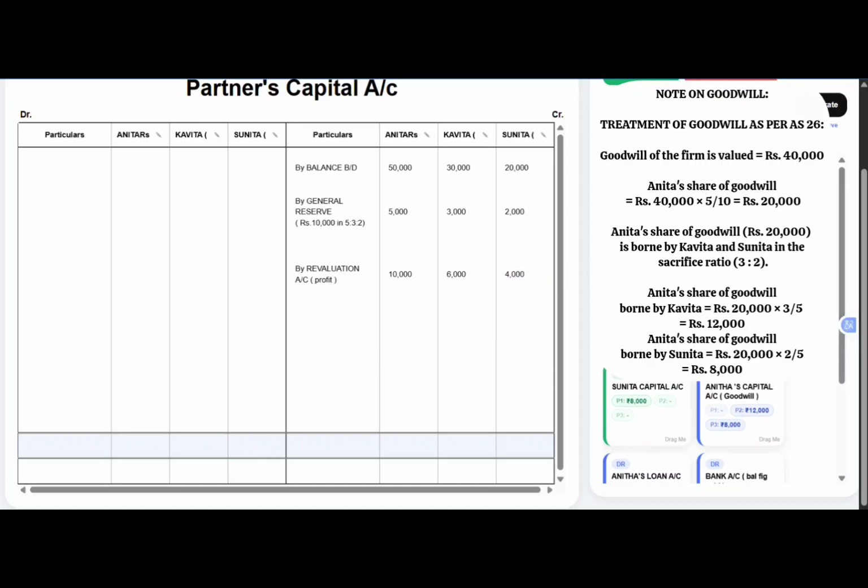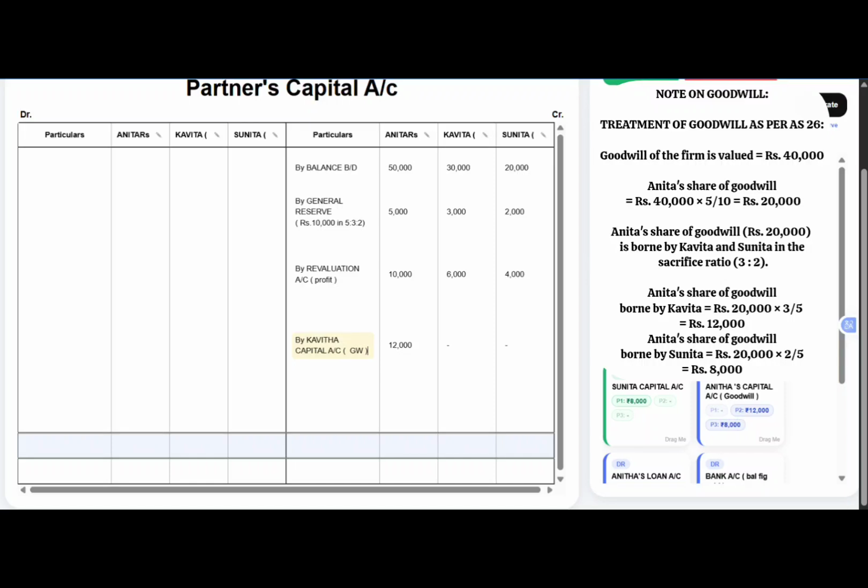So therefore here Anita's goodwill, which is being taken by Kavita, will be on the credit side by Kavita's capital account 12,000 under Anita's column, as it is Anita's goodwill which is borne by Kavita, and that is the goodwill amount which is to be borne by the partners.